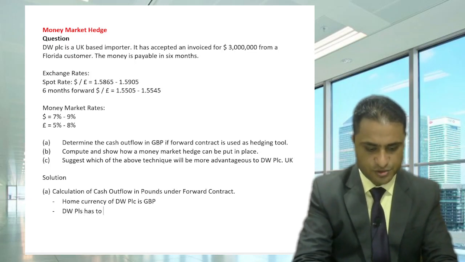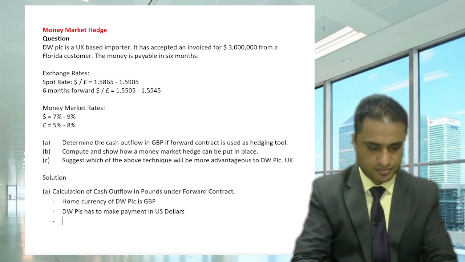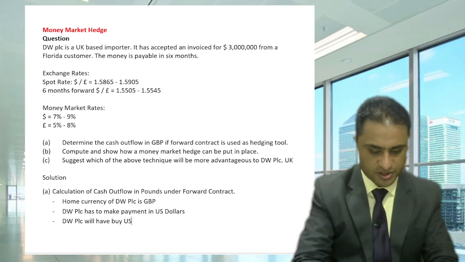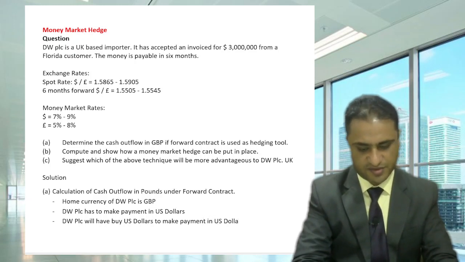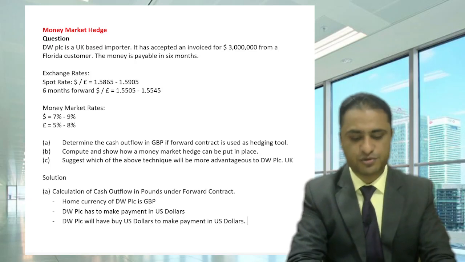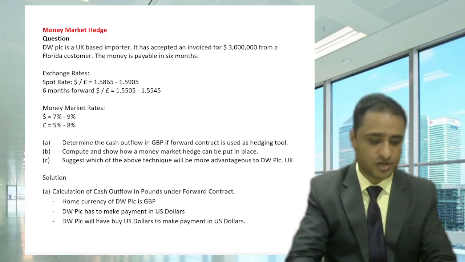DWPLC has to make payment in US dollars. DWPLC will have to buy US dollars to make payment in US dollars. This is very clear: if we have to pay in US dollars, we will have to buy the US dollars. Now what next?